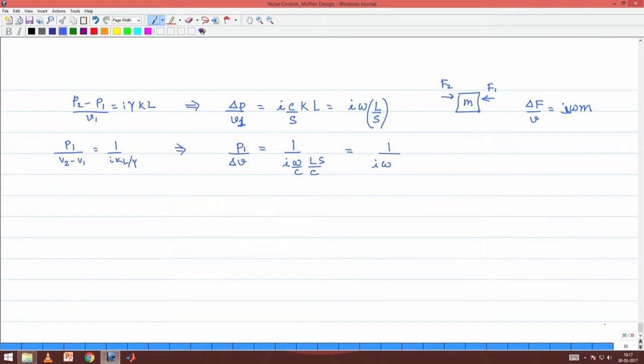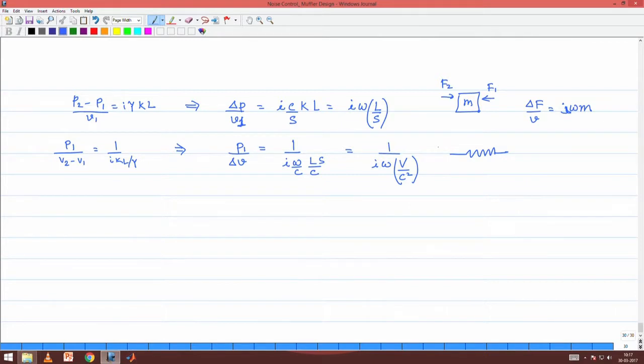So, L times S is the volume. So, I will write LS as the volume by C squared, right. This resembles that of the impedance of a spring element.